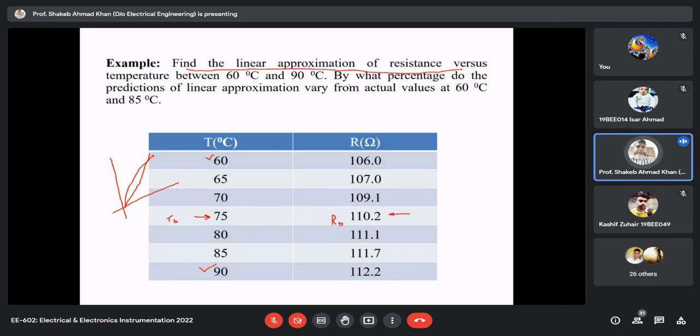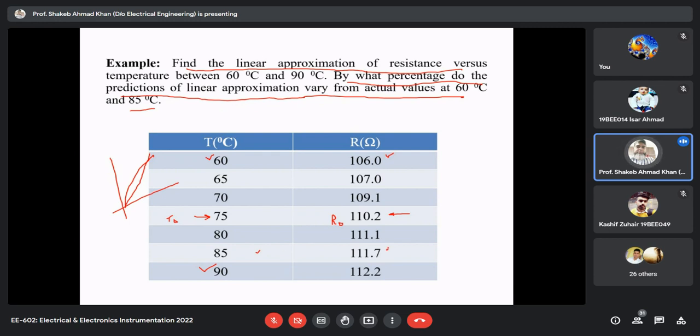Now the second question: by what percentage do the predictions of the linear approximation vary from the actual values? That's what I was saying, that error. Here we are talking about the error. The actual resistance at 60 degrees Celsius is this, and the actual resistance at 85 degrees Celsius is this.